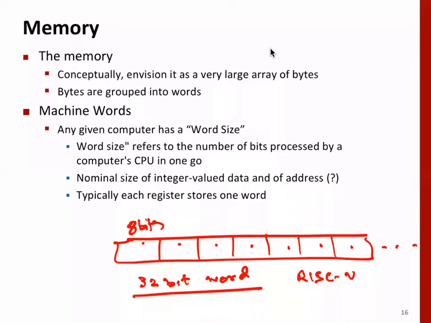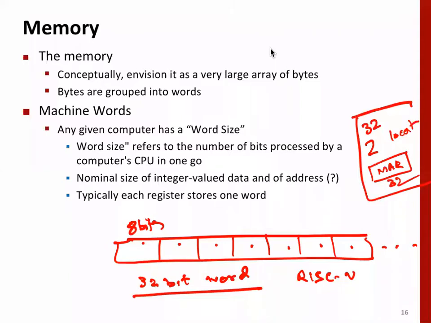Earlier we used to say that if it's 32, then we can access 2 raised to the power 32 locations in memory. It means that the memory address register size is 32, which is no longer true. Intel processors in fact are 64 bits. They call it a 64-bit processor, but it has 2 raised to the power 48 memory locations which it can address.